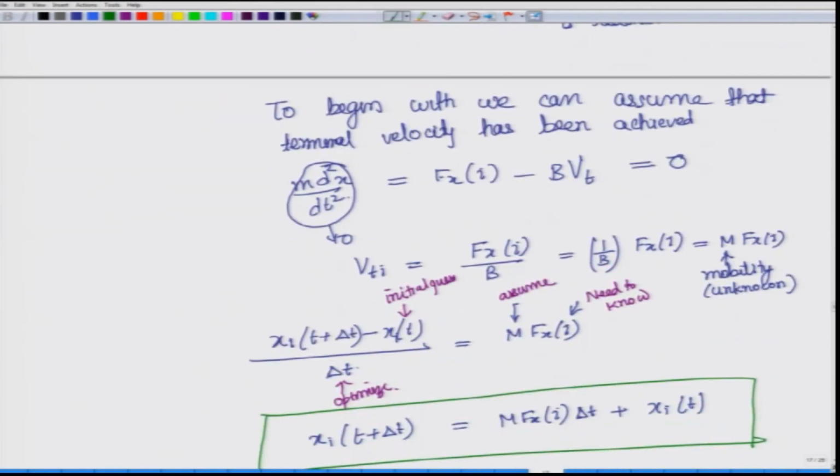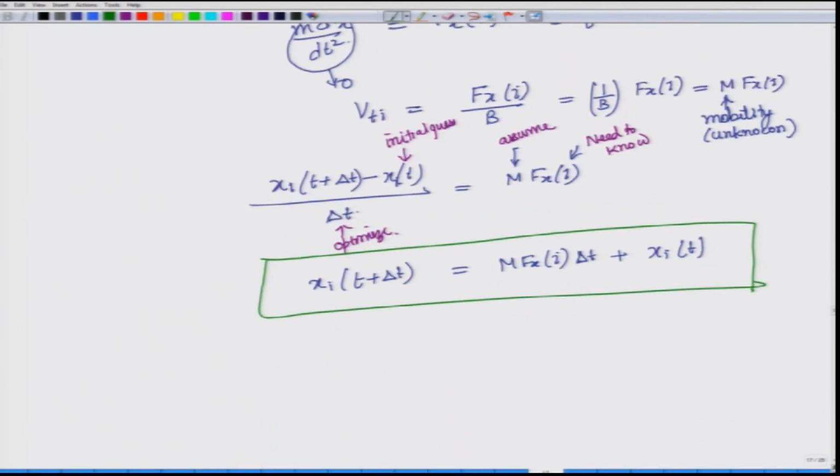So, you will know the force acting on this, you will have to make some assumption regarding mobility, and you will need an initial guess for the initial position. Once you have the initial position for t equal to 0, you can keep iterating to get the next and next position. This way, how the dislocation is moving, how the shape changes are taking place, all these things you would be able to predict using this relation.